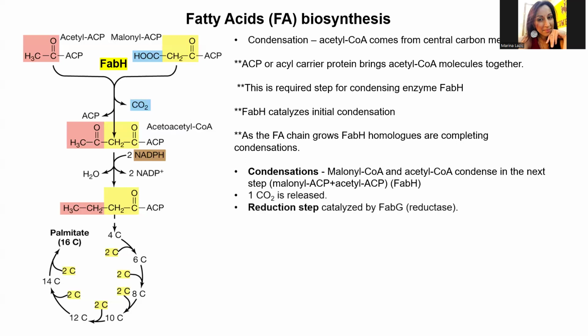and the next step is catalyzed by a reductase. The reductase is called FabG. It's of course doing reduction, and that reduction involves one cofactor. So NADPH is oxidized to NADP, acetoacetyl is reduced, and then the next step is dehydration, which is generating the linear fatty acid chain, and this is catalyzed by FabA.